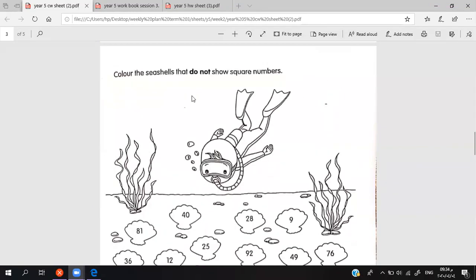Okay, here he's saying color the seashells that don't show square numbers. He wants you to color the shells that don't have square numbers.